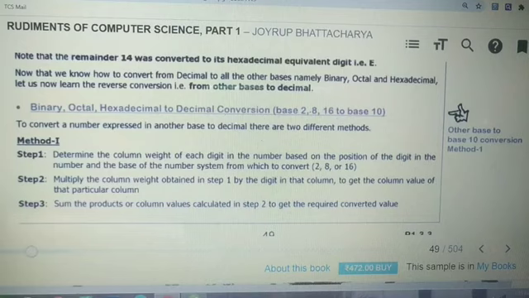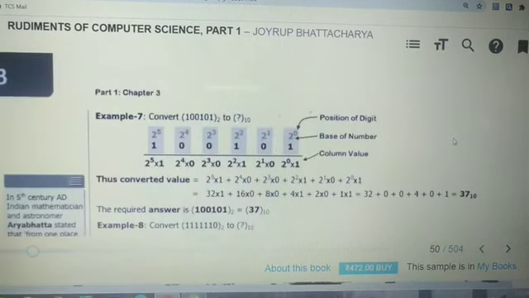Step 3: sum the products of the column values to get the required converted value. It is very difficult to understand theoretically without examples.